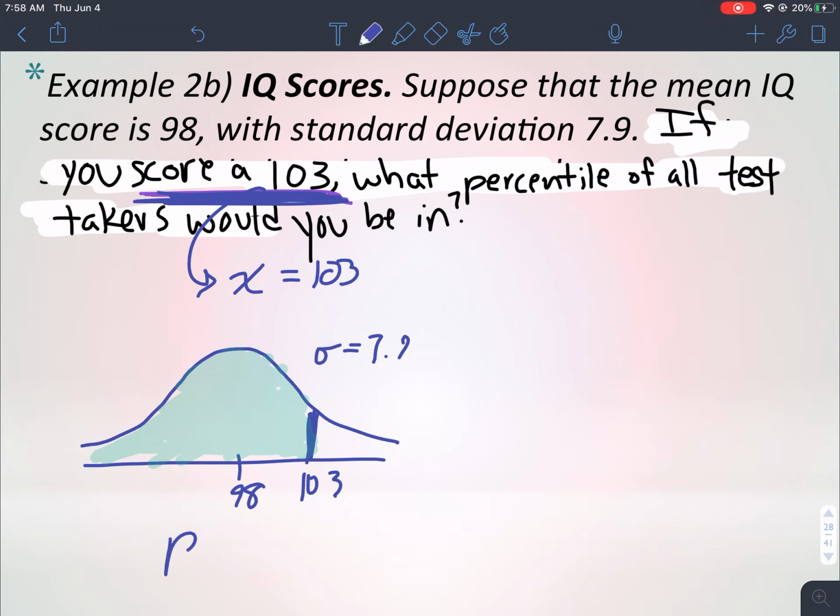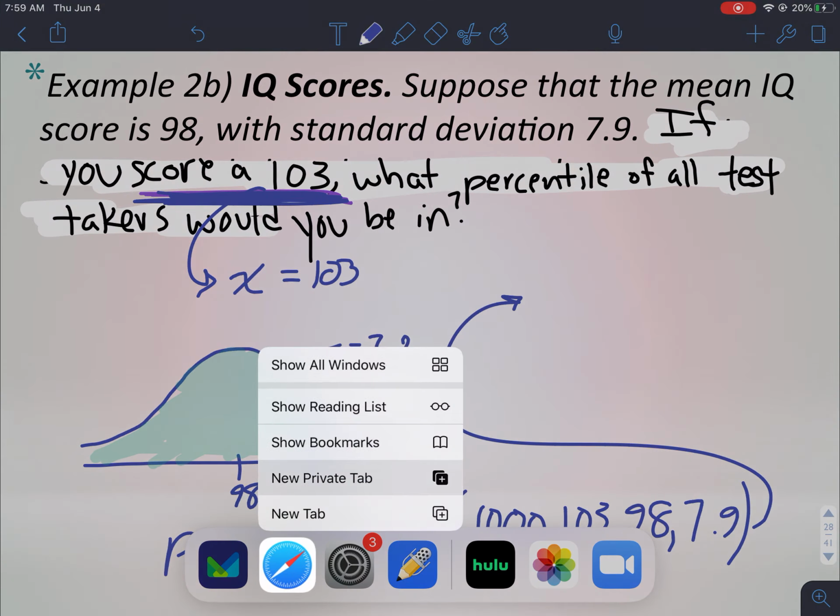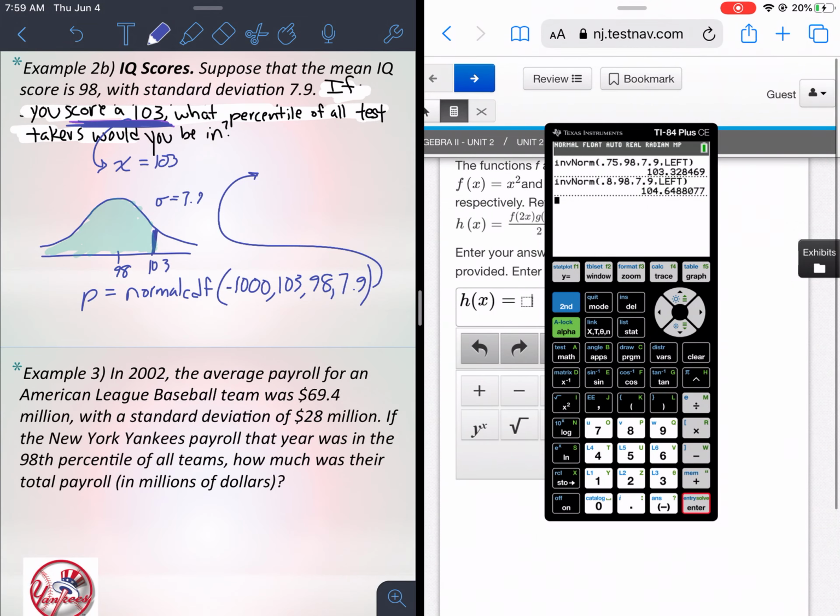Therefore, the percentage would be normal CDF of lower limit. Remember that the lower limit goes on forever, so let's just pick a really big negative number up to 103 with a mean 98, standard deviation 7.9. Back to the calculator. Now for this one, I will press second distributions and pick normal cumulative distribution.